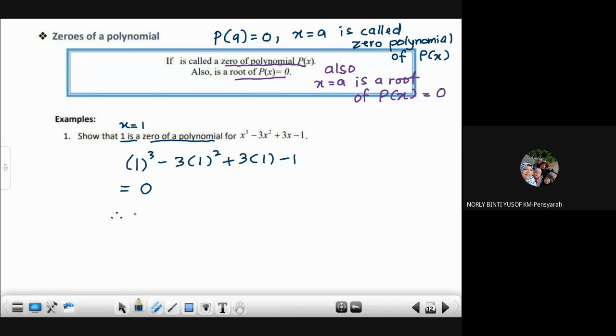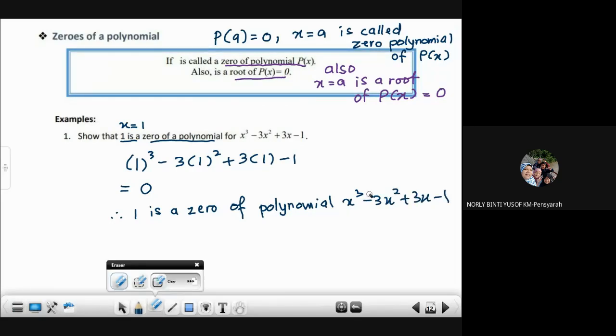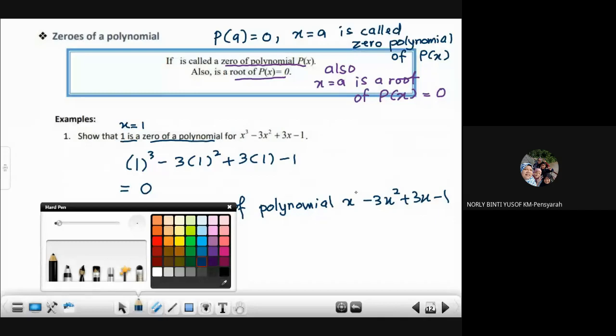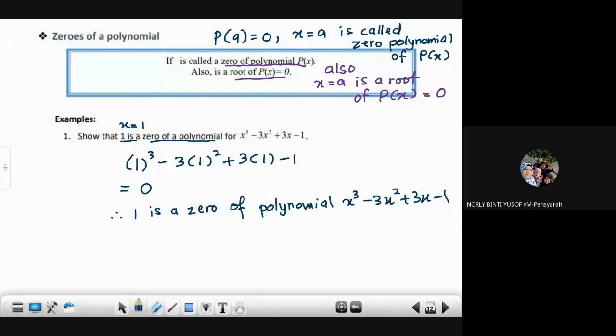So dapat kosong, so 1 is a 0 of polynomial X power 3 minus 3x squared plus 3x minus 1, sebab reminder dia kosong kan. So samalah konsep dia dengan factor theorem, cuma kita namakan dia as zero of polynomial ataupun roots of the equation.